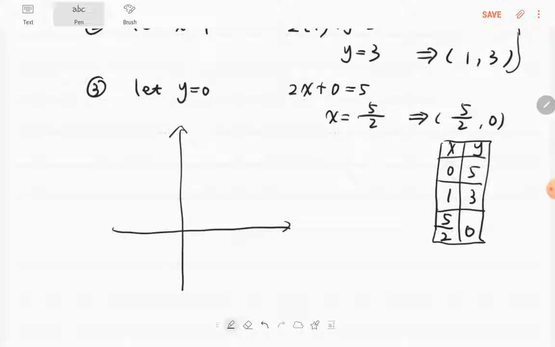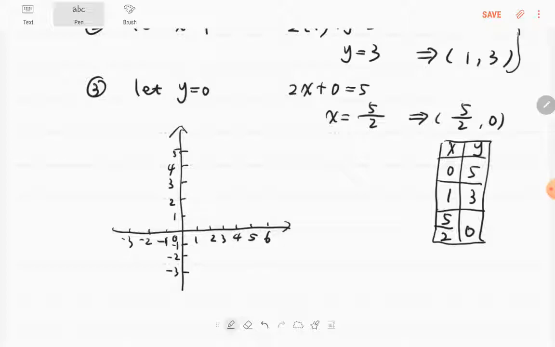Let's say I would pick this one, (0, 5). I will label the axes: 1, 2, 3, 4, 5, 6, and negative 1, negative 2, negative 3, and also on the y-axis, 1, 2, 3, 4, 5.